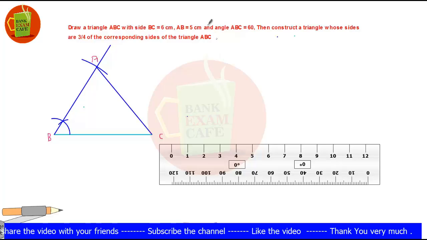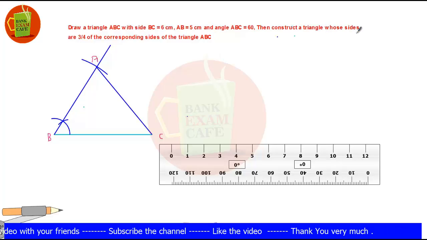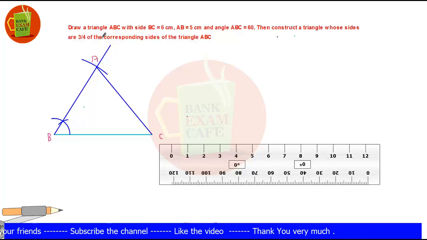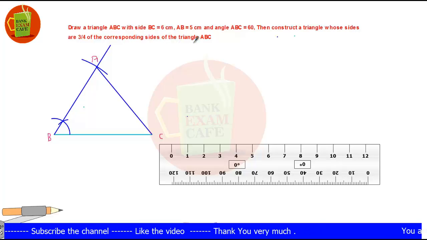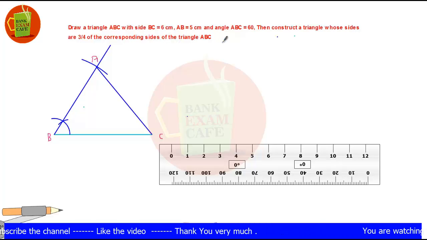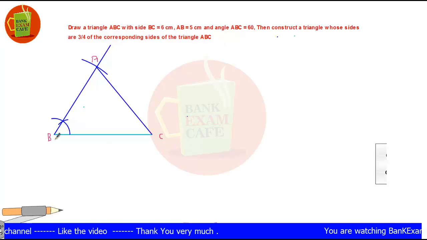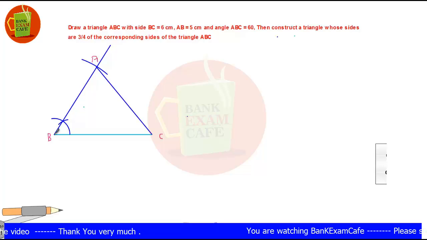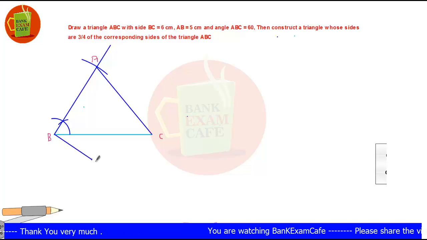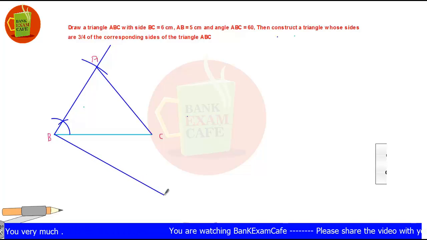Now we have to construct a triangle whose sides are 3/4 of the corresponding sides of the triangle ABC. So take B point, and from B point draw an acute angle CBX.